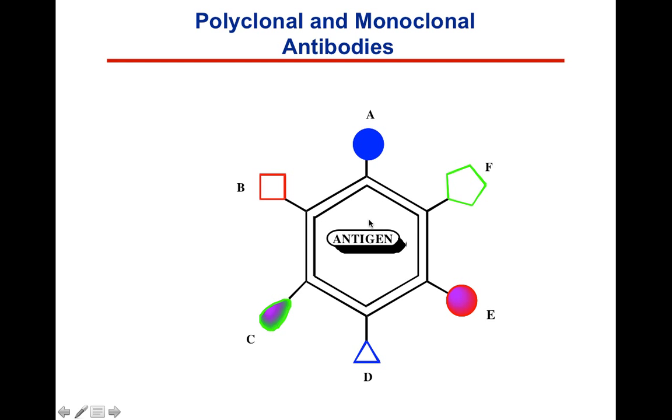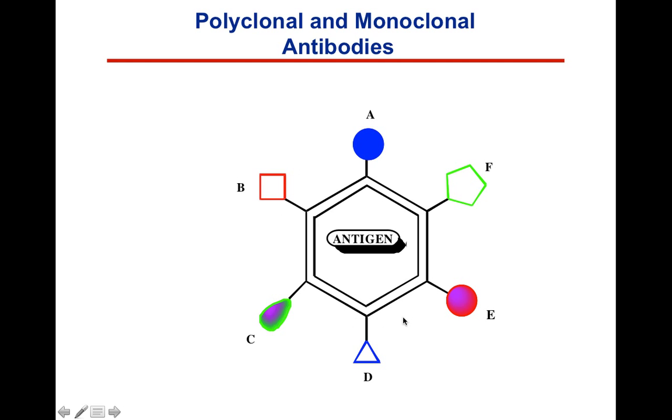If we have an antigen in each one of these little geometric figures here, the ball, the pentagon, square. Each one of these is an antigen determinant on the antigen. And we're going to label those A, B, C, D, E, and F.